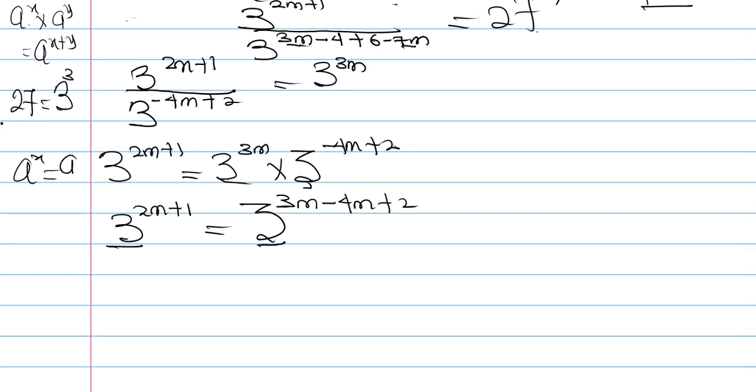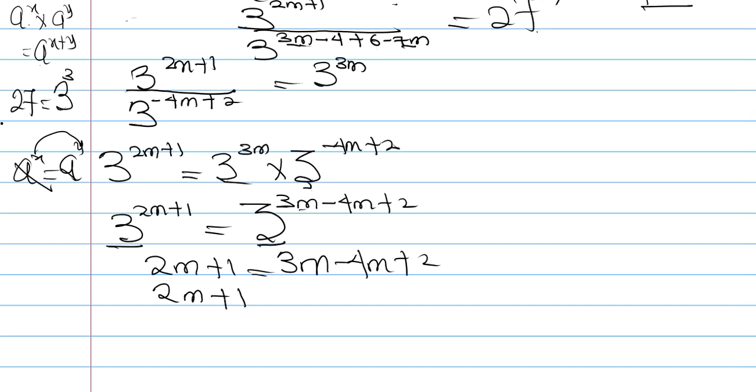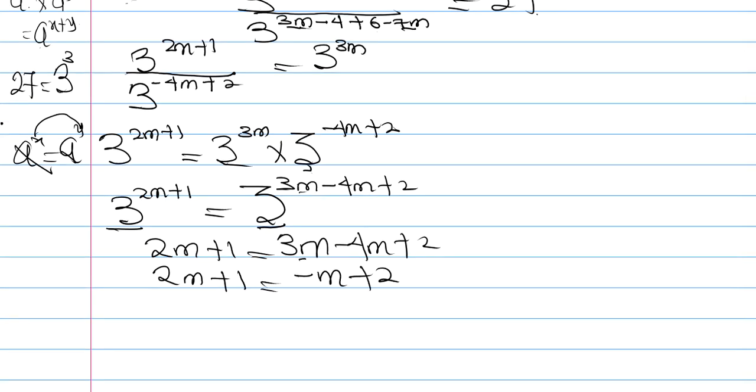So we can have 2m plus 1 equal to 3m minus 4m plus 2. 3m minus 4m is minus m, plus 2.